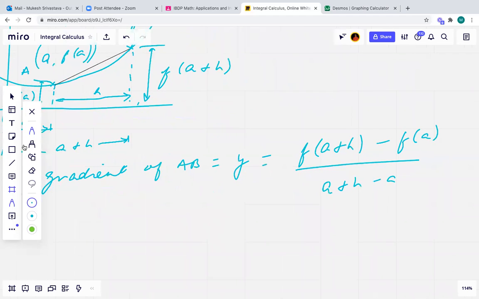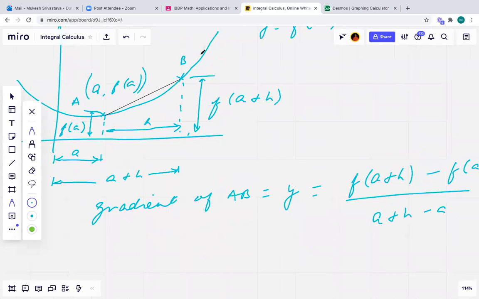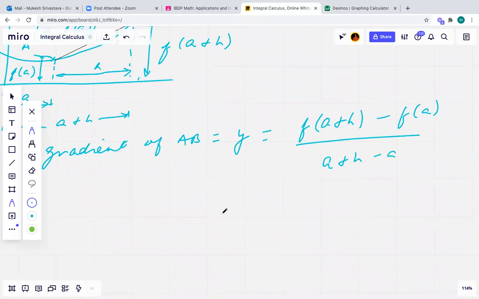Is that correct? Yes, sir, that is correct. Because the coordinates of point B are A plus h and f of A plus h, right? Okay. Now, this is my gradient of AB.